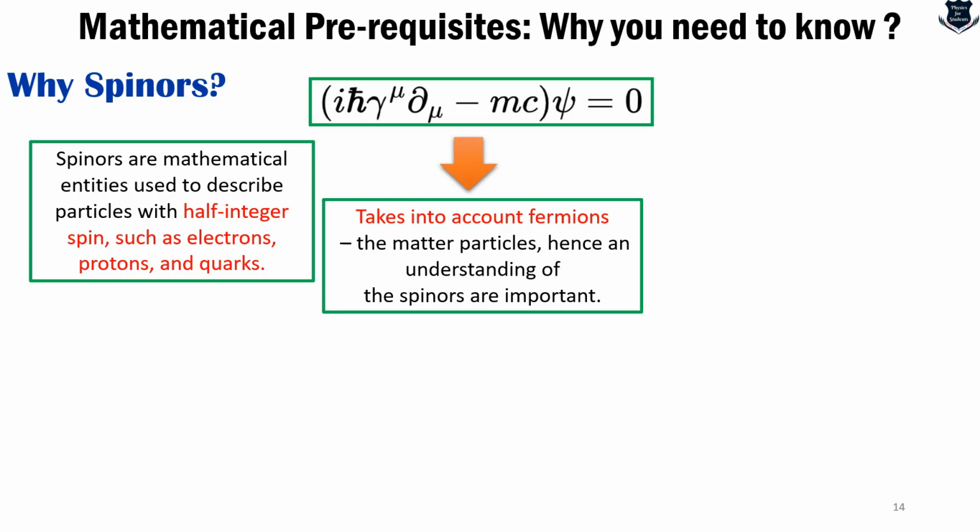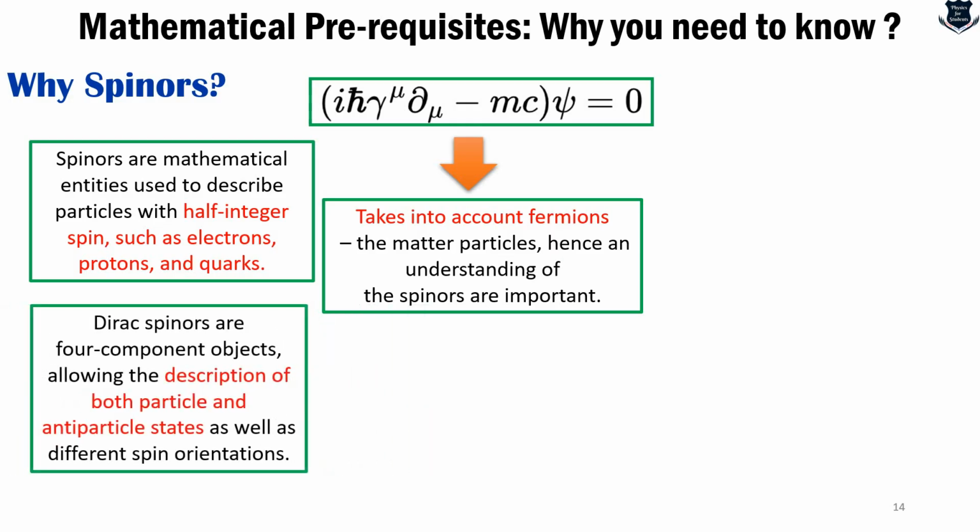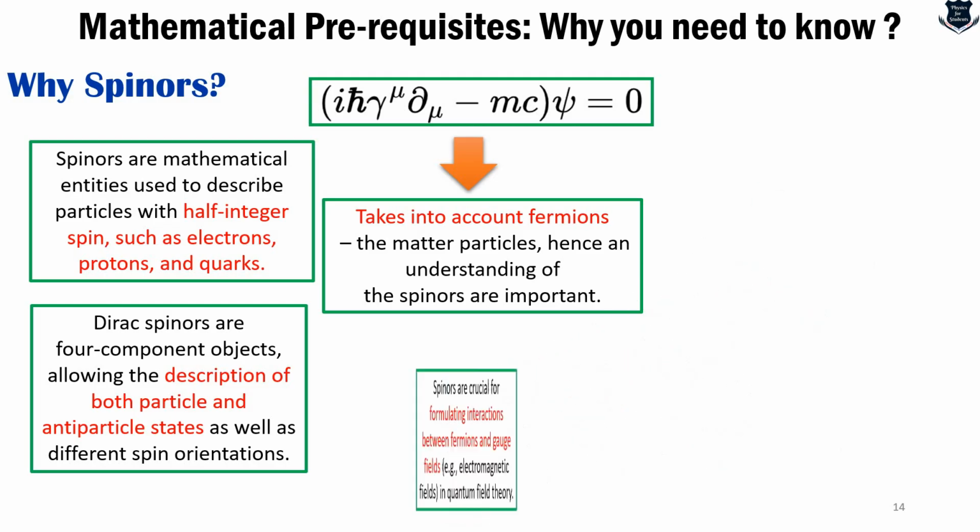This half spin is described by this mathematical object, the spinor, so that is why it is important. Also, you will see that Dirac spinors are 4-component objects, which you have already seen, and they also clearly describe what are called particles and anti-particles. So you need to know spinors in order to understand both particle and anti-particle, and the Dirac equation does that.